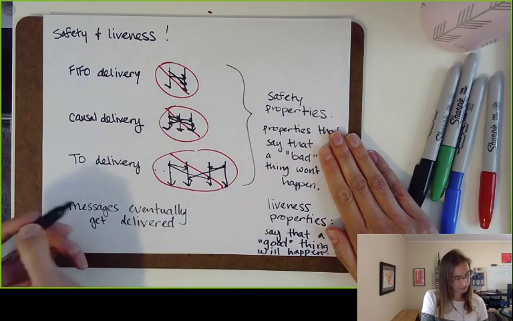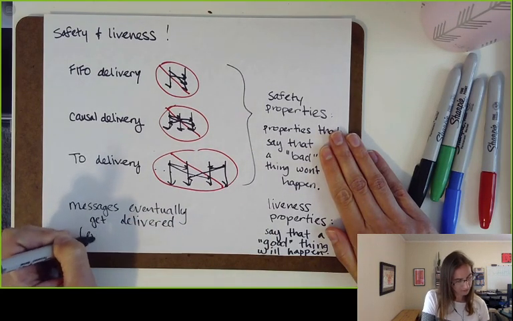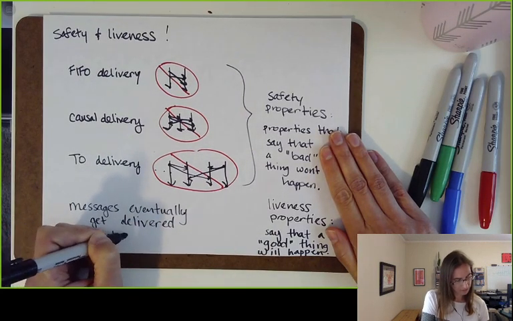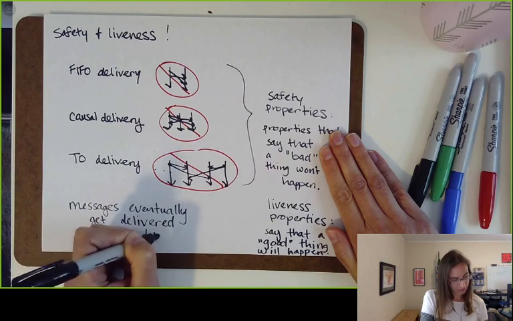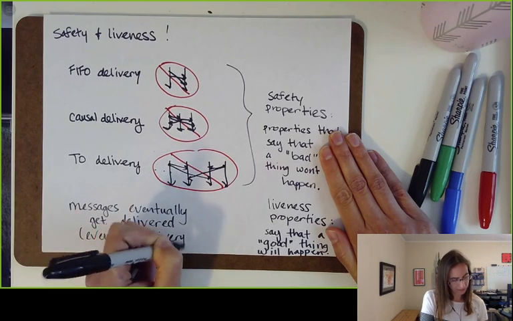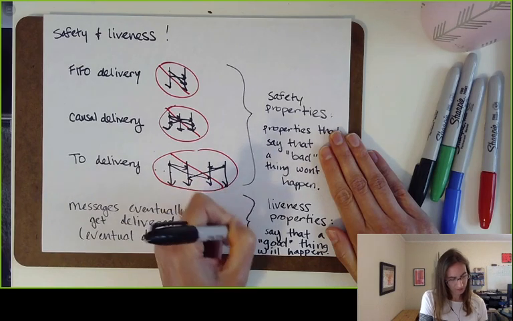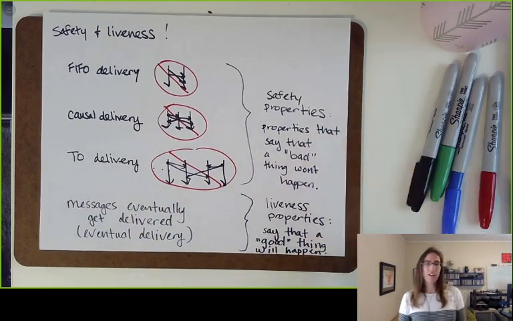Eventual delivery, good. Somebody put it in chat just as I was writing it out. So that falls into this category of liveness properties. A good thing will happen.